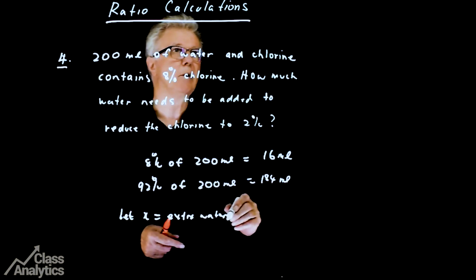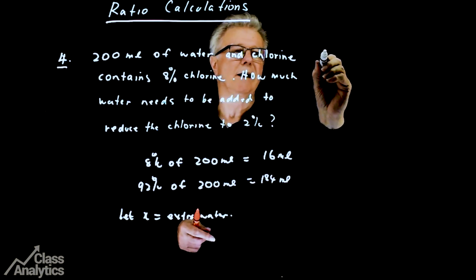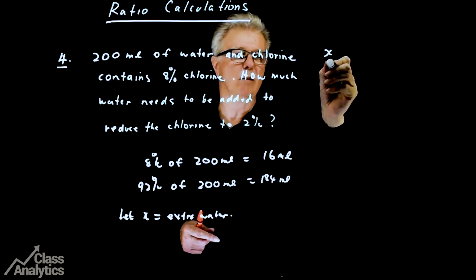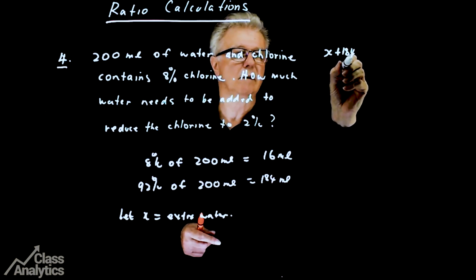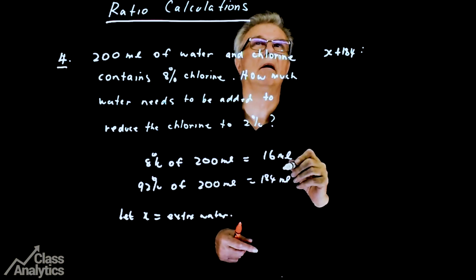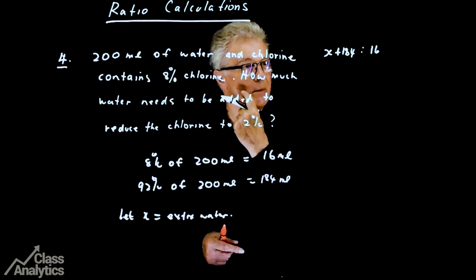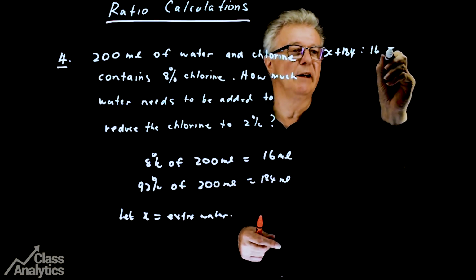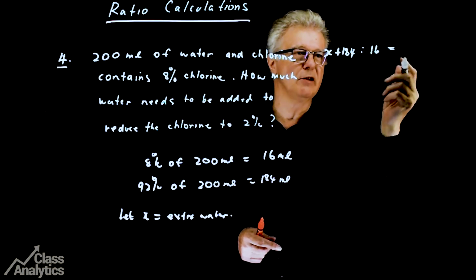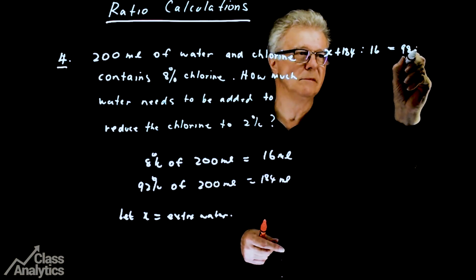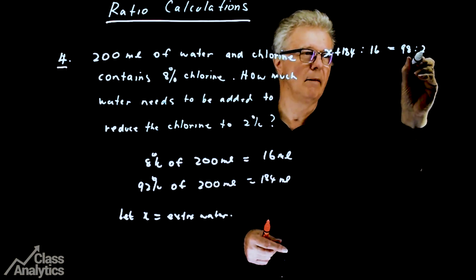Okay, so now if we look at the ratio, we'll say that x, the new added water, plus what we've already got, that must be in the ratio of that to 16 because the chlorine stays the same. But the ratio now has changed to 98 to 2. That's the 2%.